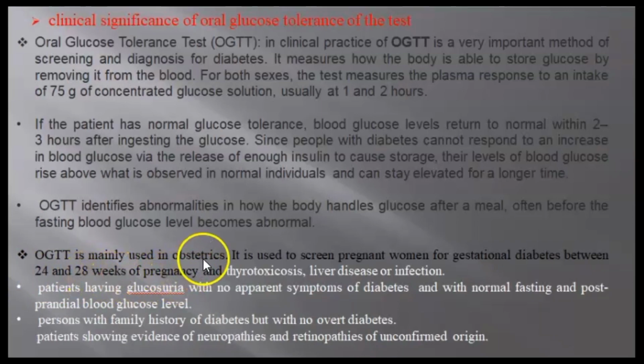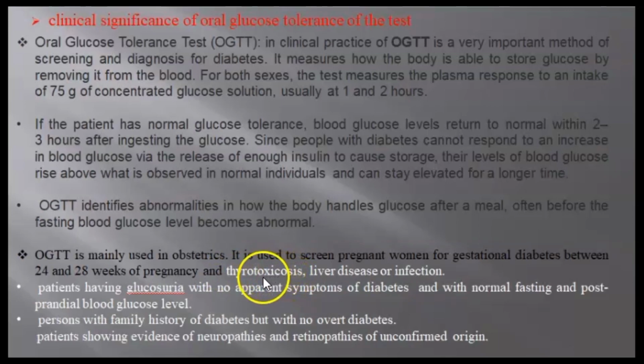At that stage, the obstetrician can check if there is a case of gestational diabetes. So in checking for gestational diabetes, one of the best approaches is what? Oral glucose tolerance test.